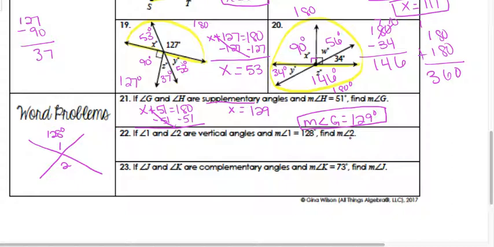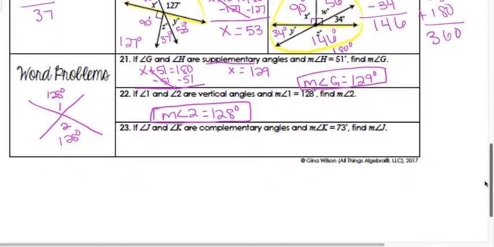Find the measure of angle 2. Okay, that's easy. What do we need to do? We need to write down 128 degrees because when they are vertical, they are congruent. I got my C words confused. All right, so the measure of angle 2 is 128 degrees. Bam, we're done. I wish they were all just like that. That would just make life really easy, wouldn't it?